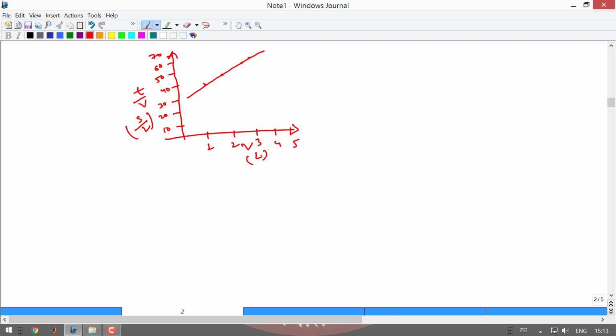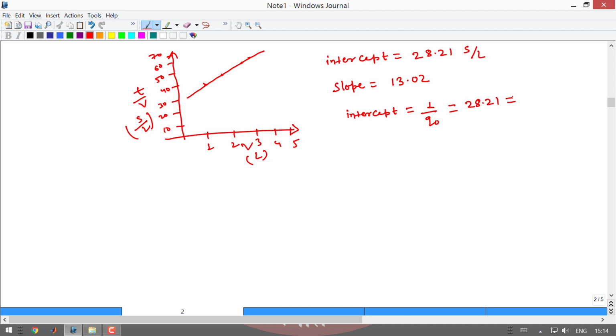From the graph we will get intercept equal to 28.21 second per liter and slope equal to 13.02. Here the intercept is equal to 1 by Q naught from that equation, equal to 28.21.